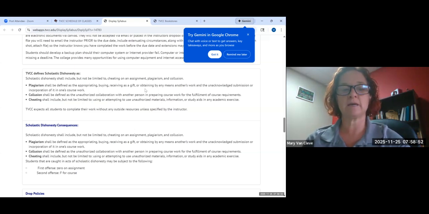Collusion shall be defined as the unauthorized collaboration with another person in preparing coursework for the fulfillment of course requirements. Cheating includes, but is not limited to, using or attempting to use unauthorized materials, information, or study aids in any academic exercise.